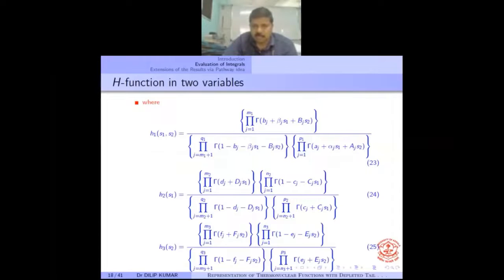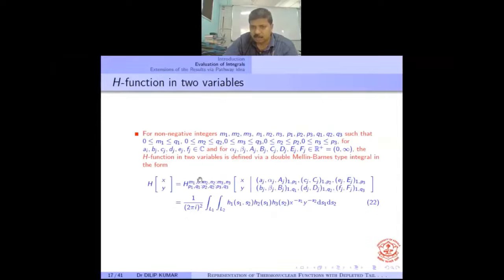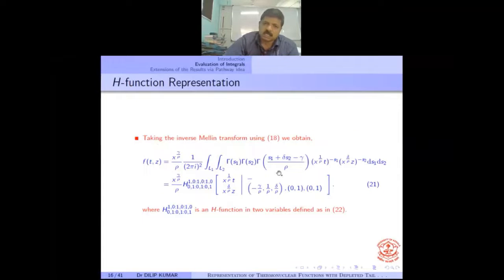Now, if we give a simple assumption, if we consider that delta by rho is an integer, then we can use the multiplication formula for gamma functions here. Delta by rho is an integer.